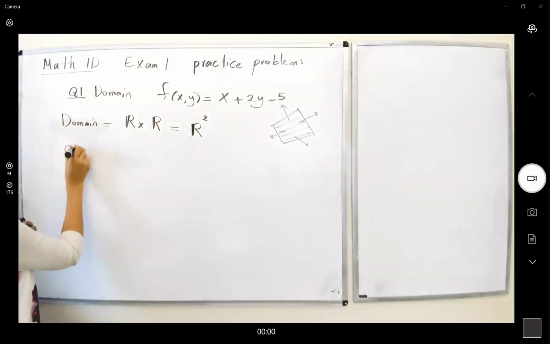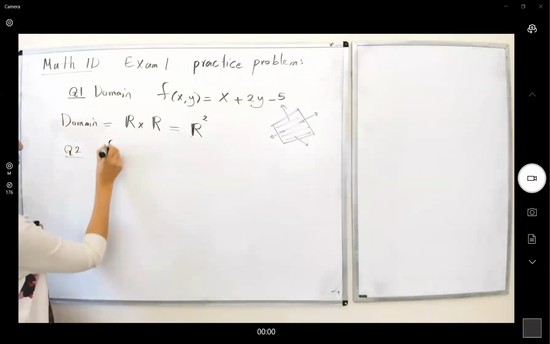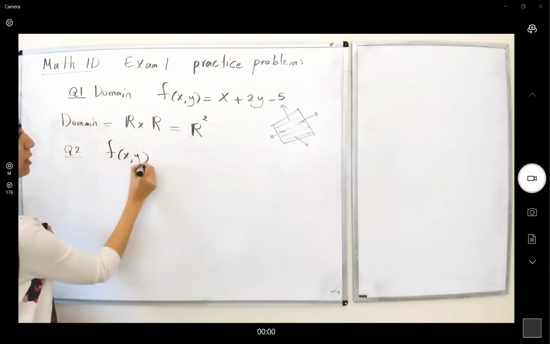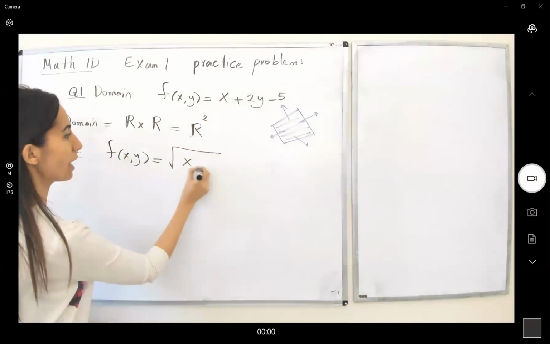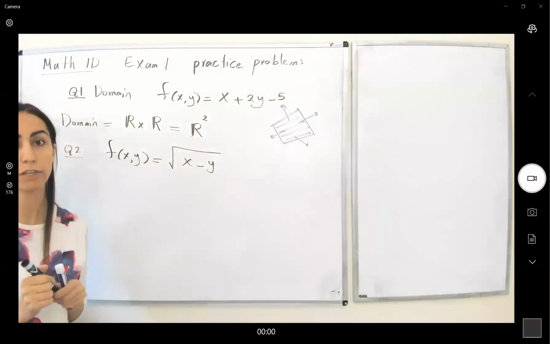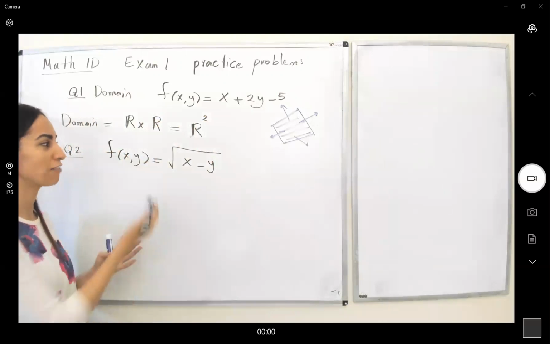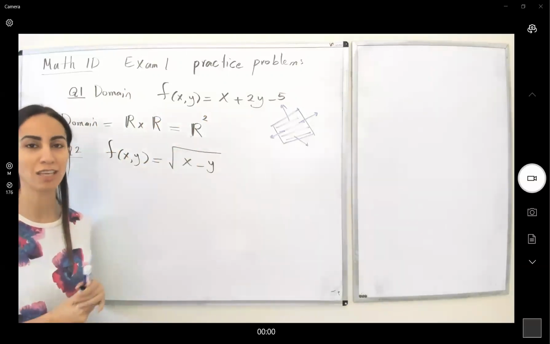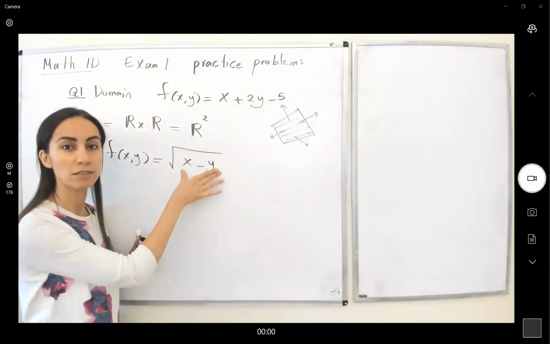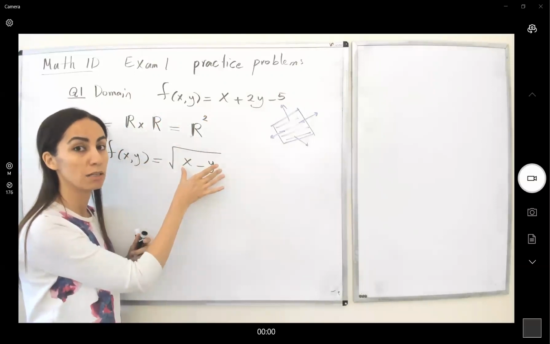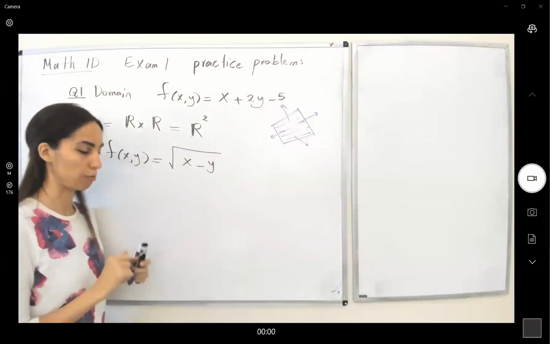For question 2, you have the following function. You have f of x and y equals the square root of x minus y. Remember that when you have a square root function, the quantity inside the square root cannot be negative. It's either 0 or positive.